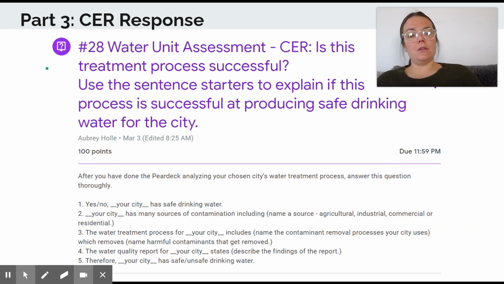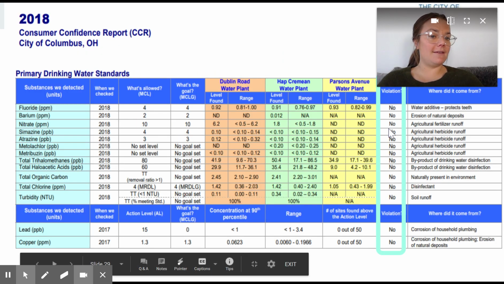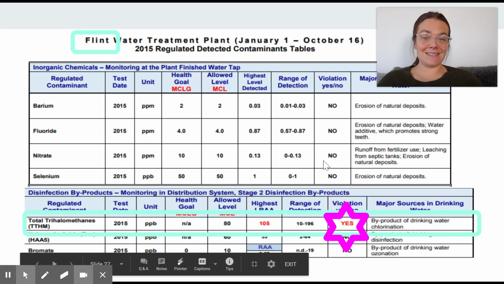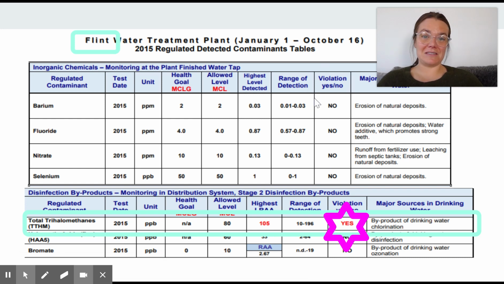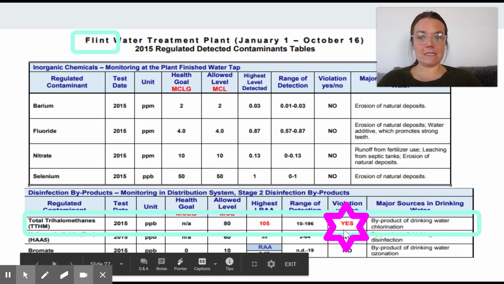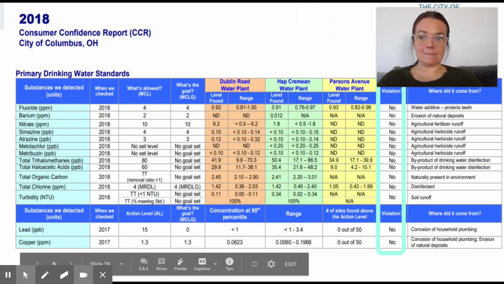So the conclusion that you're supposed to draw from this is to be able to explain to me if the water at the city that you choose is successful, if their treatment process is successful. If it is successful, they shouldn't have any violations. If it's not a very good process and there are some issues, you'll see some violations.